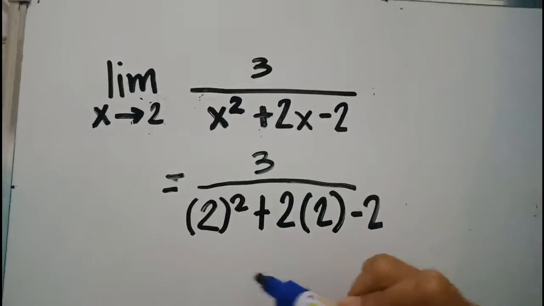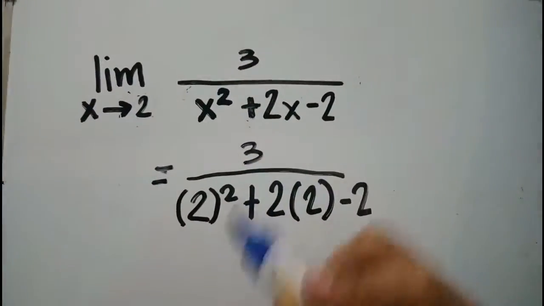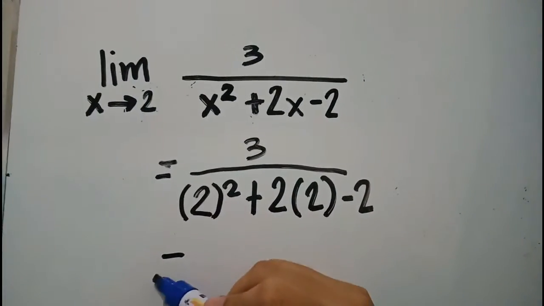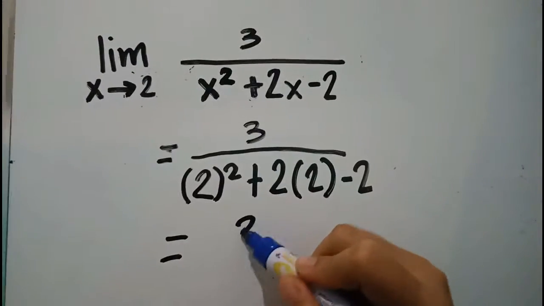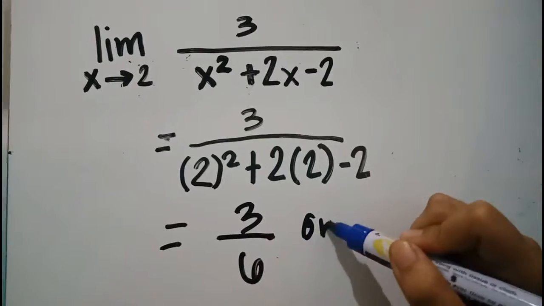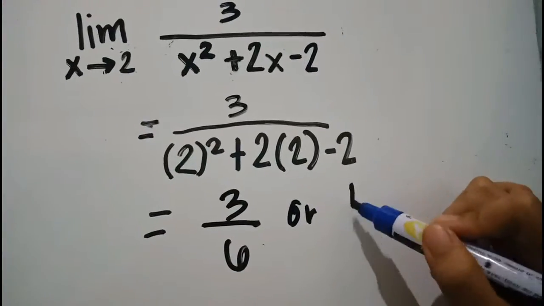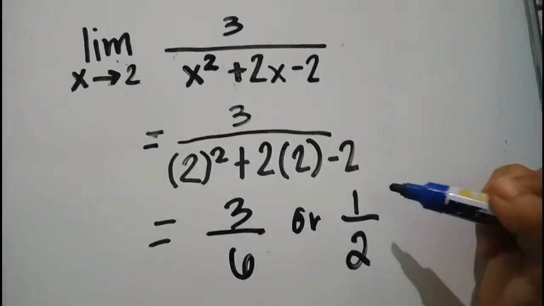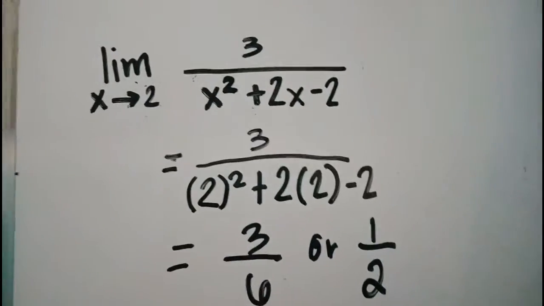Minus 2. So if we calculate this, we will have 3 over 6, or simply 1/2. And that's your answer.